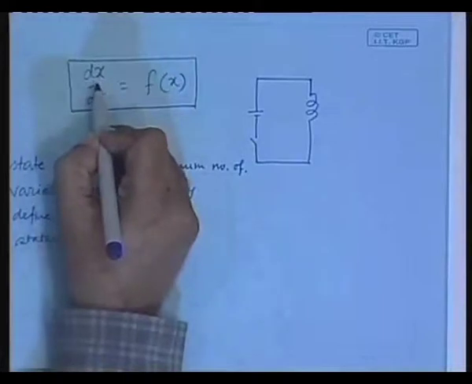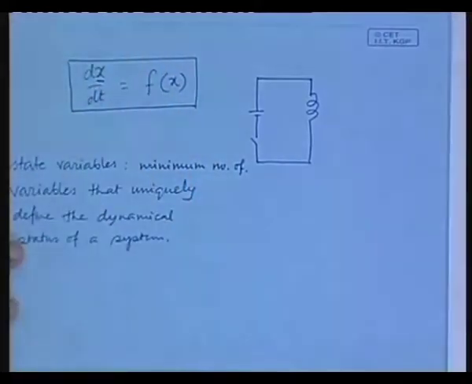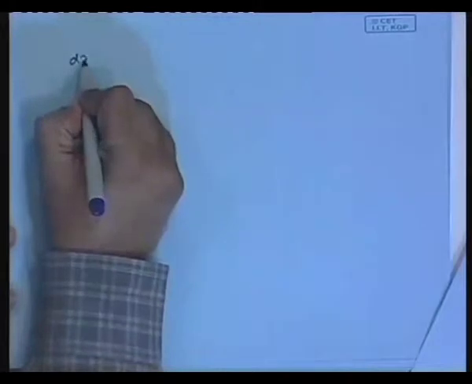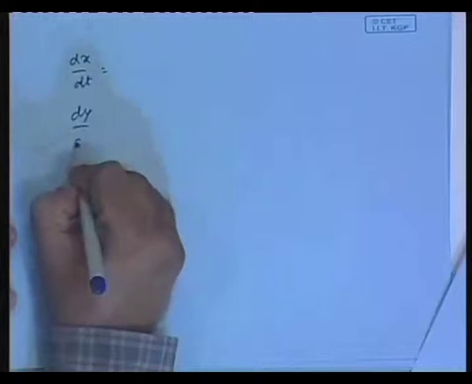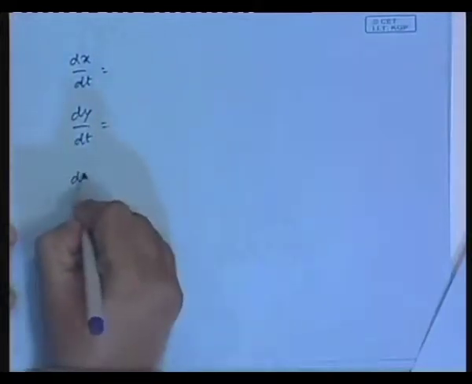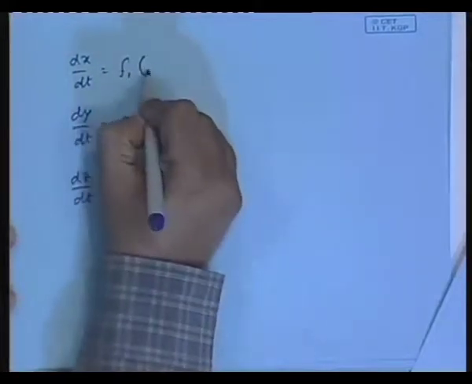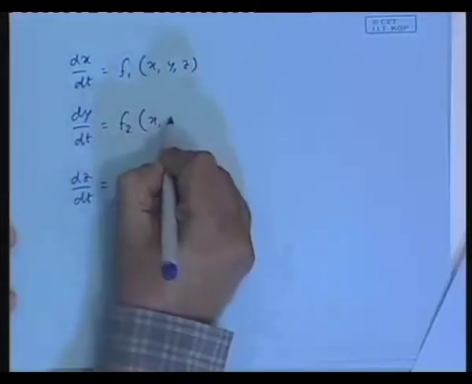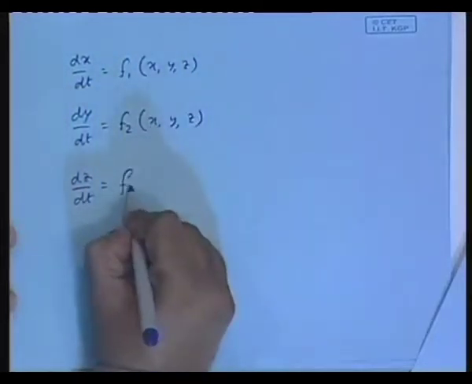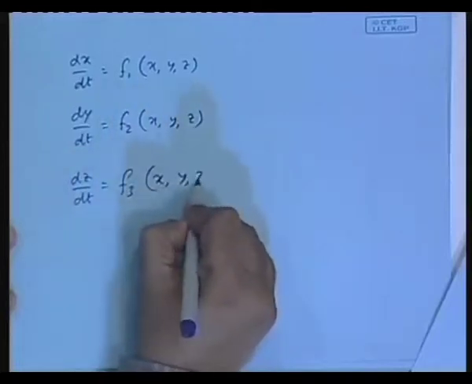So, in that case, x will no longer remain a number, x will become a vector, which means if say I have 3 variables in a system, I will write dx dt is equal to something, dy dt is equal to something else, dz dt is equal to again something else. So, this will be one function of x, y, z, another function of x, y, z, and a third function of x, y, and z.